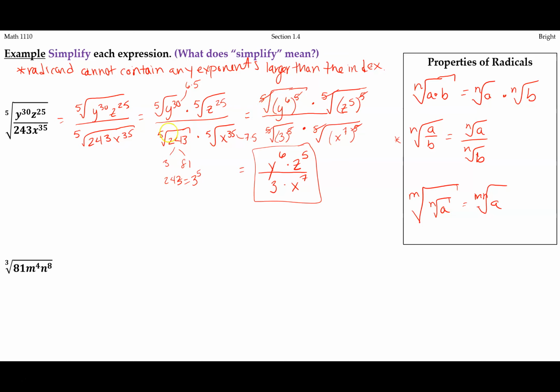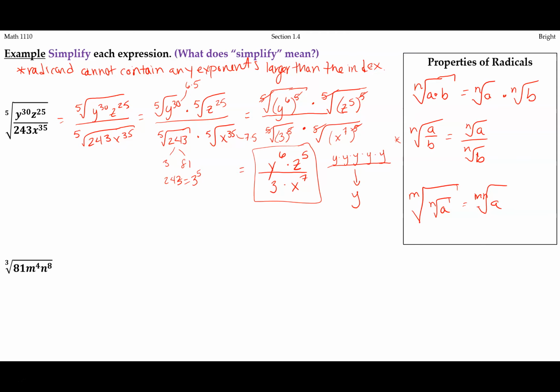For y to the 30th, I can write that as 5 y's chunked together, and that's going to occur 6 times. For each chunk, imagine I have 5 y's multiplied together. What the radical does is it takes that chunk of 5 things and pulls out 1 outside of the radical. So that's another way of thinking about a radical symbol if this procedure isn't clicking for you exactly.